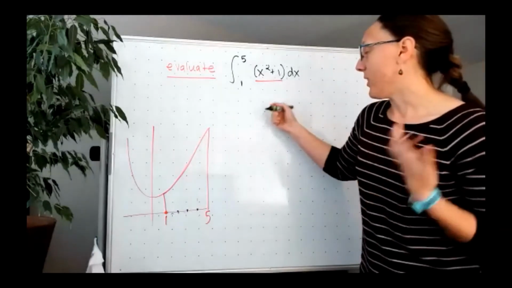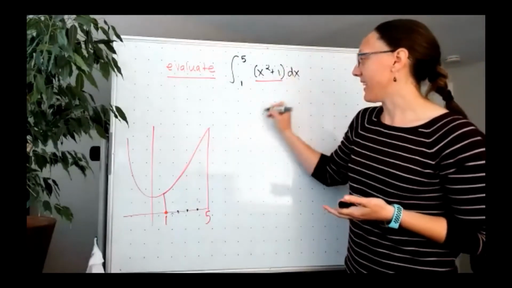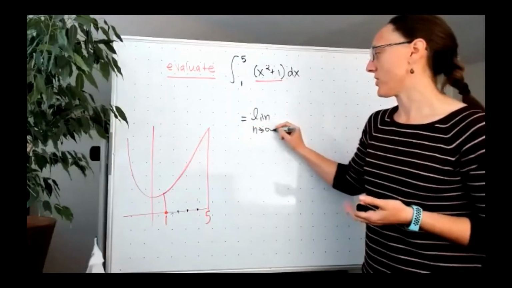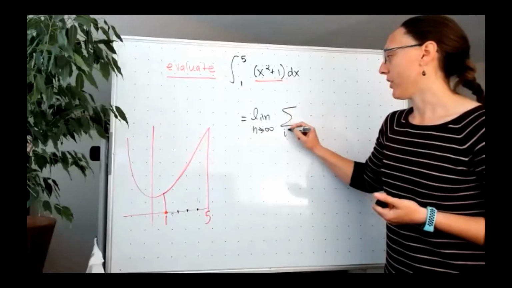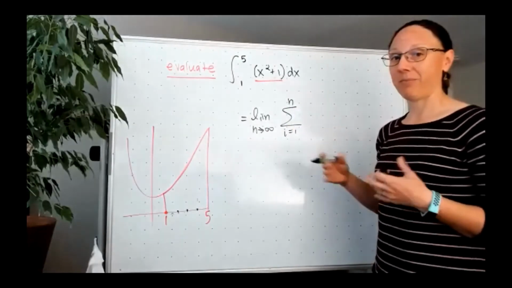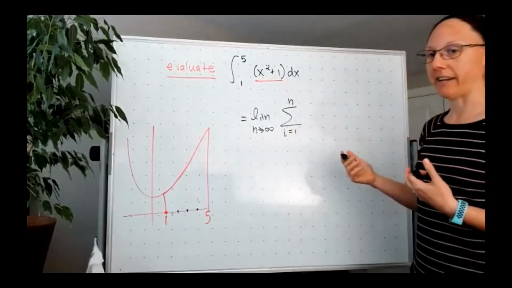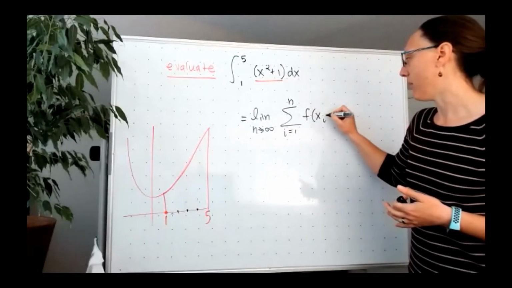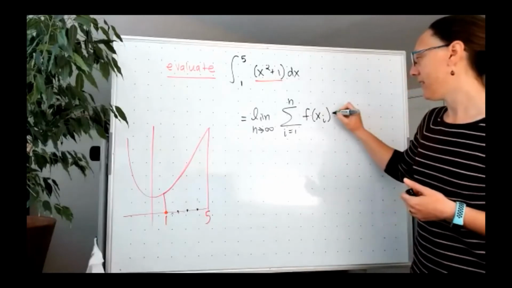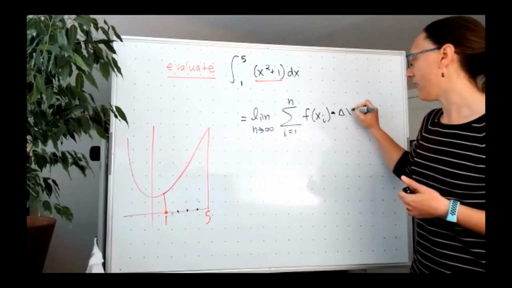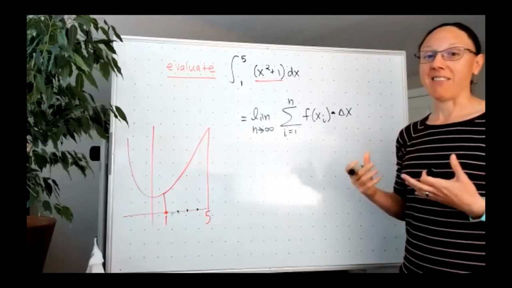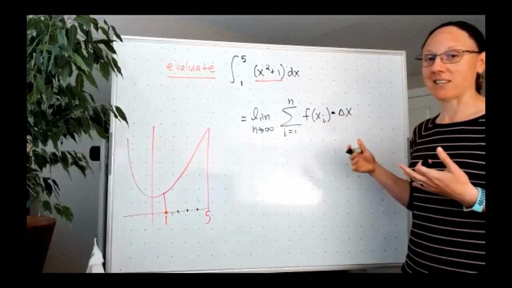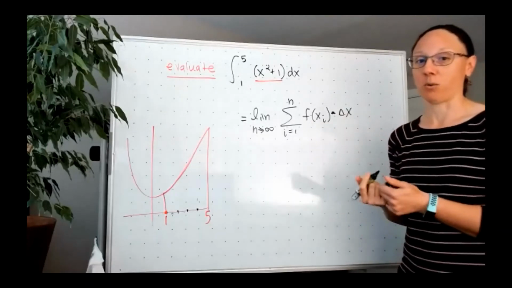Notation wise, this is going to be the same as taking the limit as n approaches infinity, going from i equals 1 to n, and the pieces that we need to put in here, I'm just going to abbreviate as f of x sub i times delta x. And then we're going to replace the x sub i and the delta x with what they are in this particular problem.